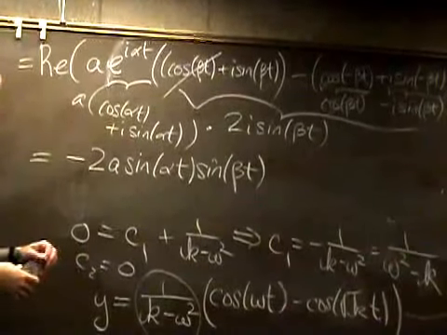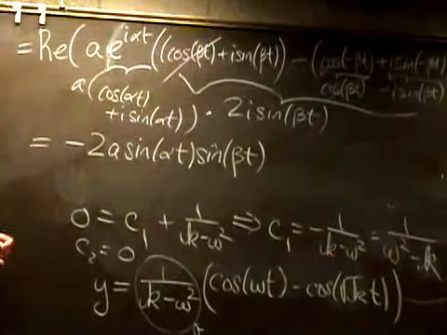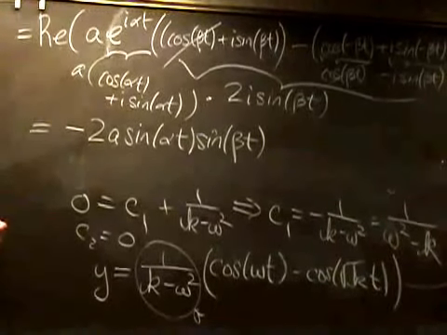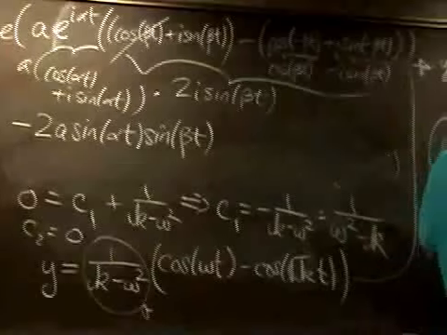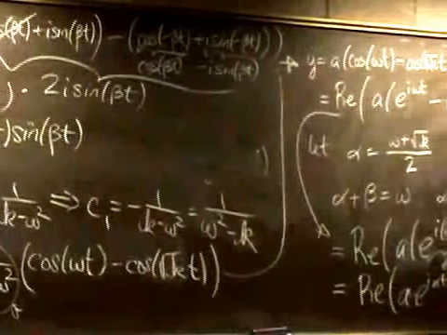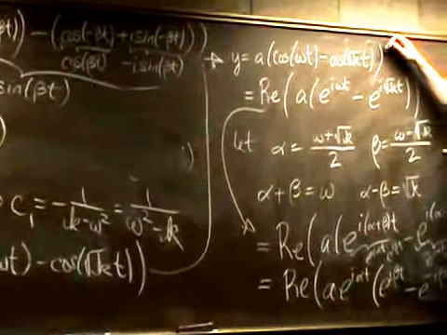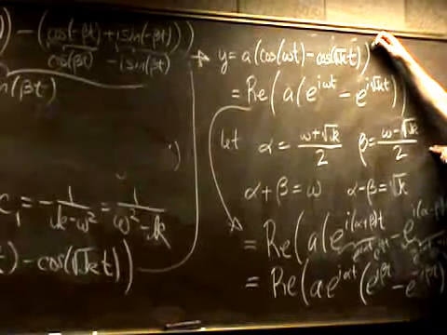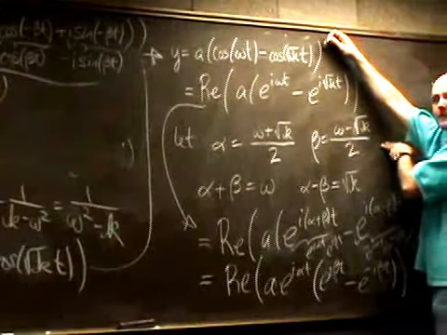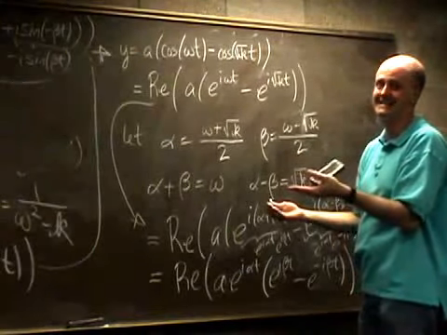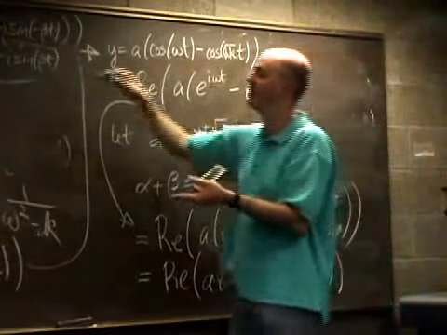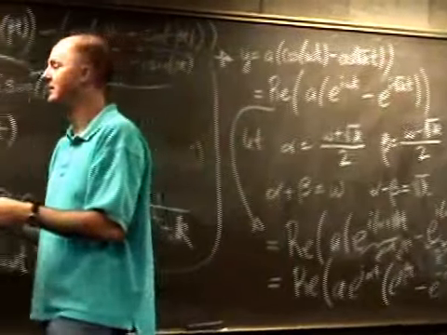Okay, that was a lot of tricky work to write y in a different form. This function right here is the same thing as this function when you make these substitutions. They're the same function. They don't look the same, but they are. It is possible, certainly, to use trigonometric identities to see this, to go from here to here and avoid complex numbers altogether.